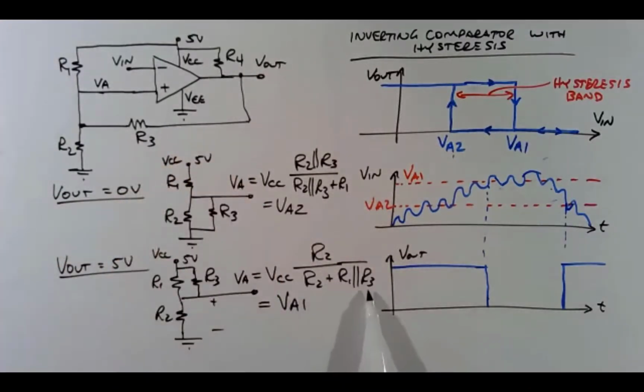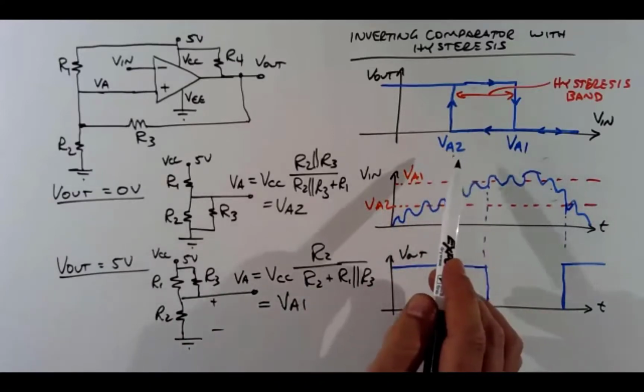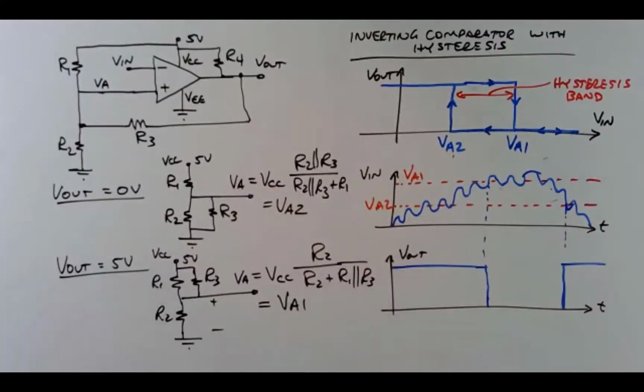But you'd choose R3, 100 k ohms. And then you would use these 2 equations to solve for R1 and R2 to get the thresholds that you designed for. Okay, so that's how you do that. There's an easier way. I wanted to show this to explain why the thresholds change based on the output. That's what these show.